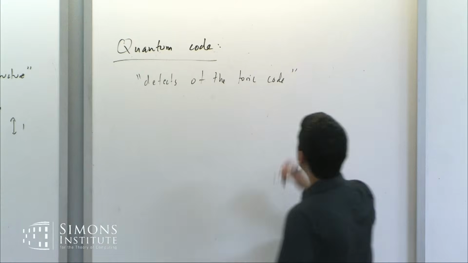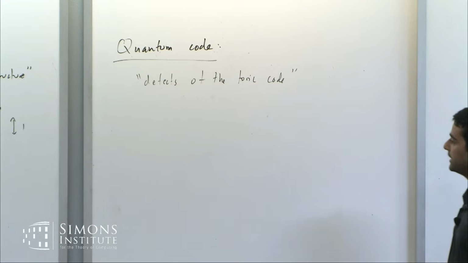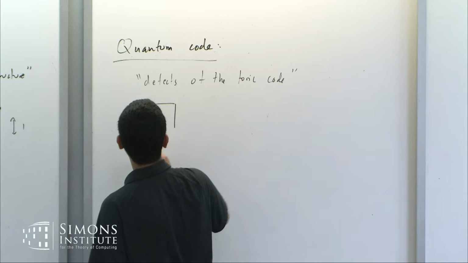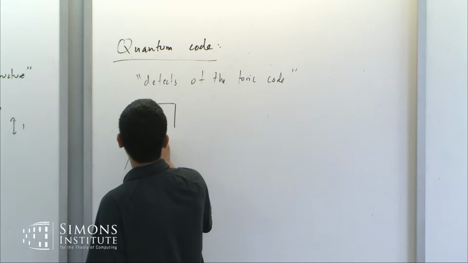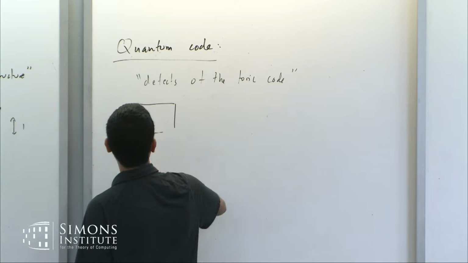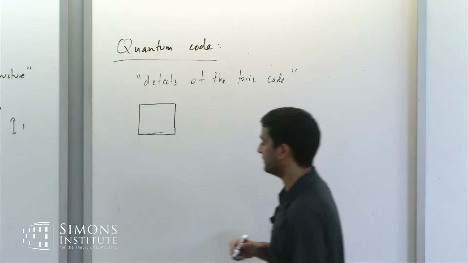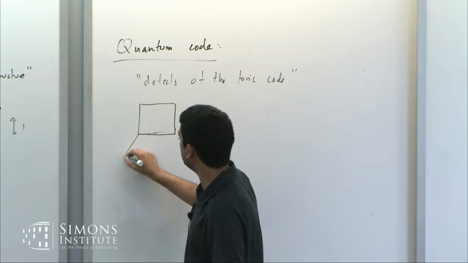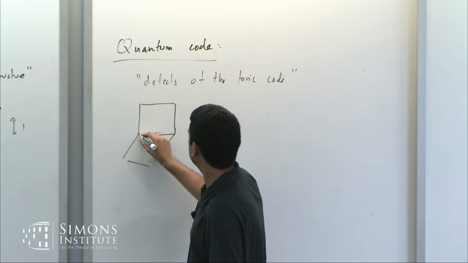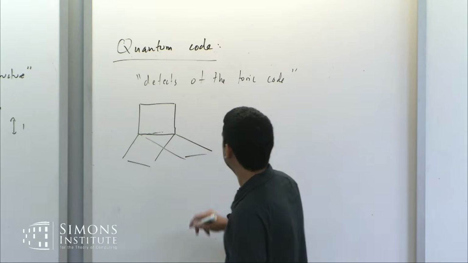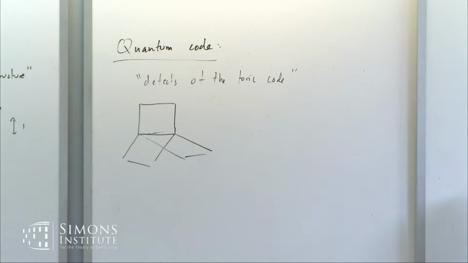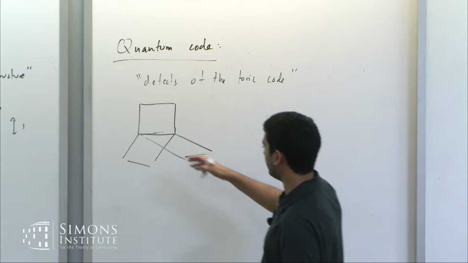There are some very nice properties of the toric code. I can take a patch of a two-dimensional toric code and glue it to two other patches, in some consistent way so that the logical operators have the following property.